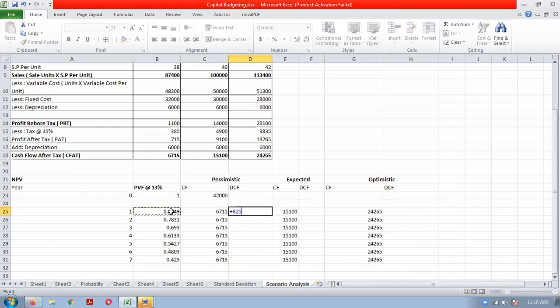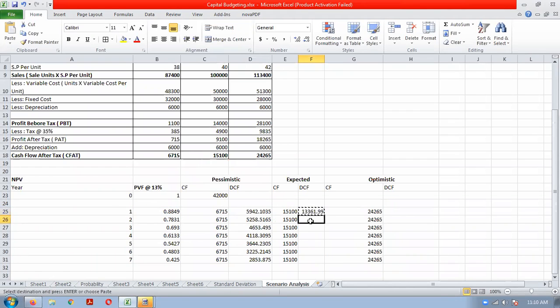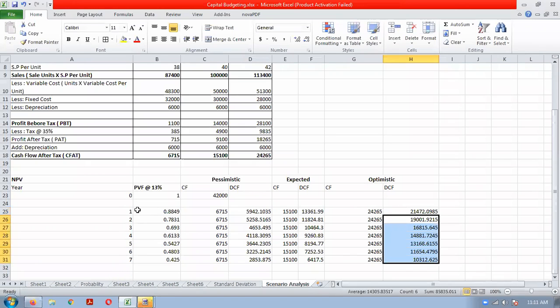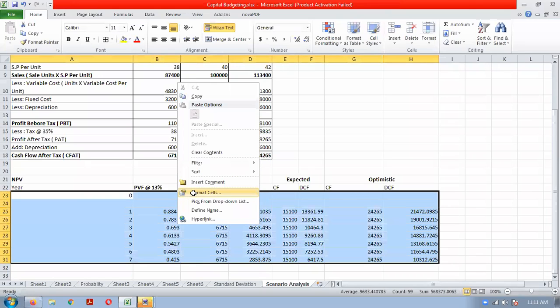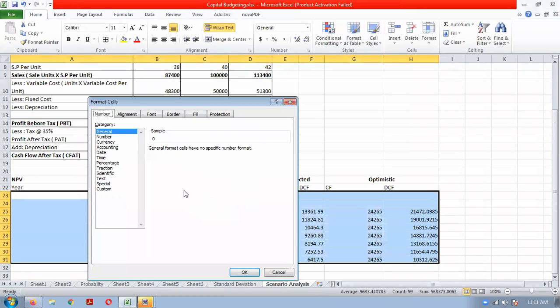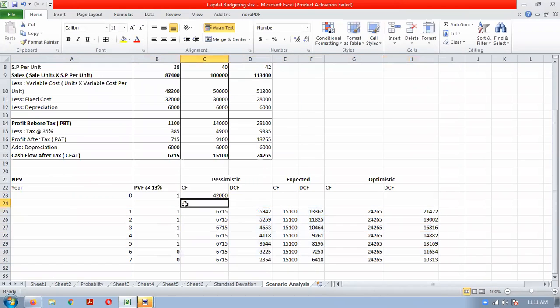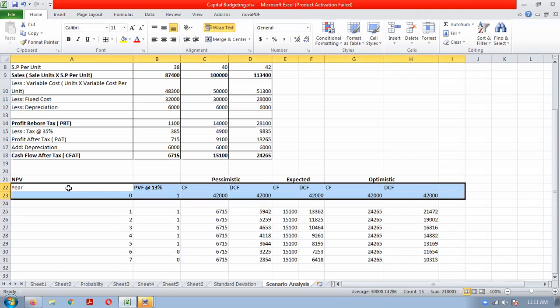Okay. So now we can calculate the discounted cash flow. Multiplied by the PV factor, we will get the discounted cash flow. Now you can calculate the NPV.